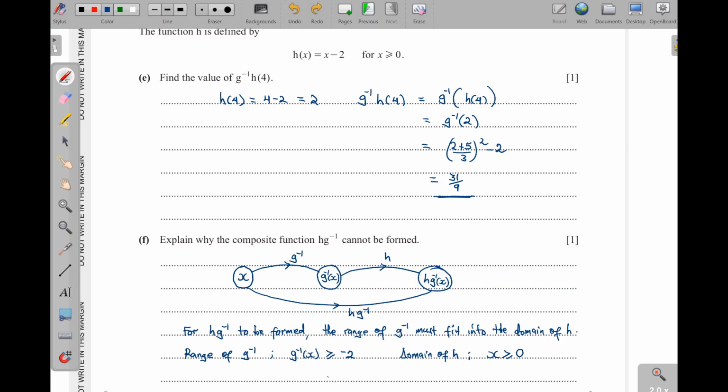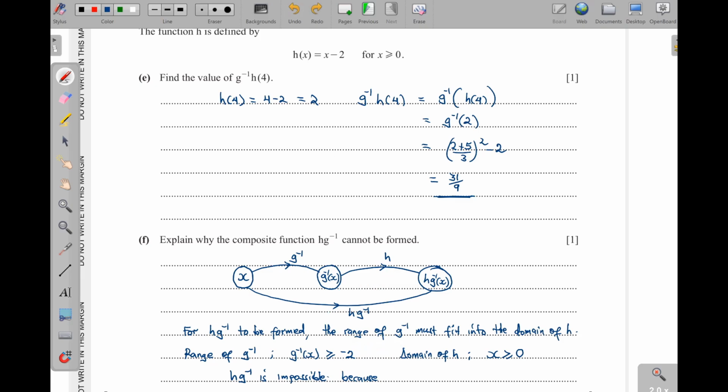So I will say hg inverse, okay, is impossible, because, and by the way here, remember we are putting x values into the function. So if we say g inverse is greater or equal to -2, we can transform this into x greater or equal to -2. You get it? Such that these values then go into the h. They are just values. All right.